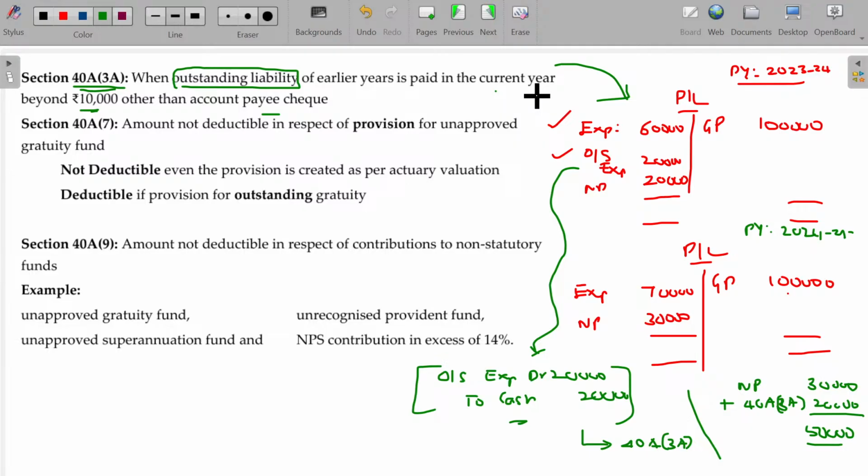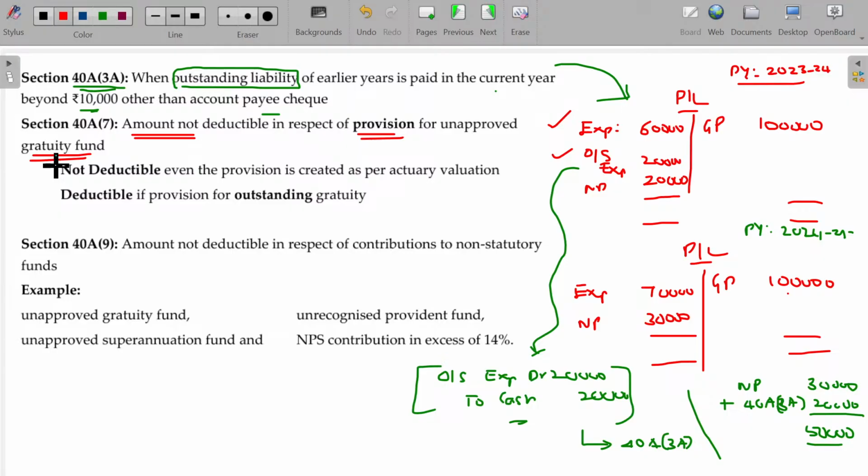Now, two more things. Amount not deductible in respect of provisions of unapproved gratuity fund. Approved gratuity fund, you can claim the deduction under section 36 class 1, right? Where we have seen superannuation fund and PF fund and gratuity and all, section 36 class 1 subclass 4, 4A, 5. 4 is all about RPF and superannuation fund. 4A is all about NPS, 5 is all about gratuity.